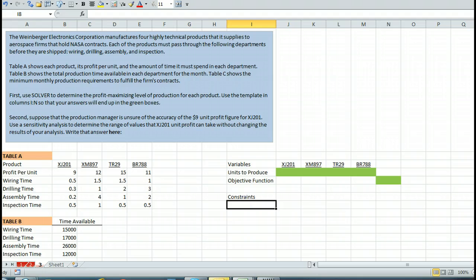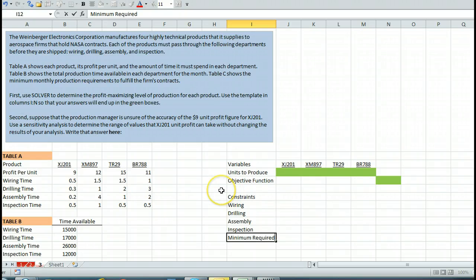Now, the part that makes this problem interesting is the constraints. This is where people tend to get thrown off. On your constraints, I'm going to tell you what they are, and you'll have to determine the formulas to calculate them and set up the constraint. Here are the constraints that you have in this problem. You have wiring, drilling. You're also given a constraint on assembly, inspection, and here's the one everybody misses, minimum required.